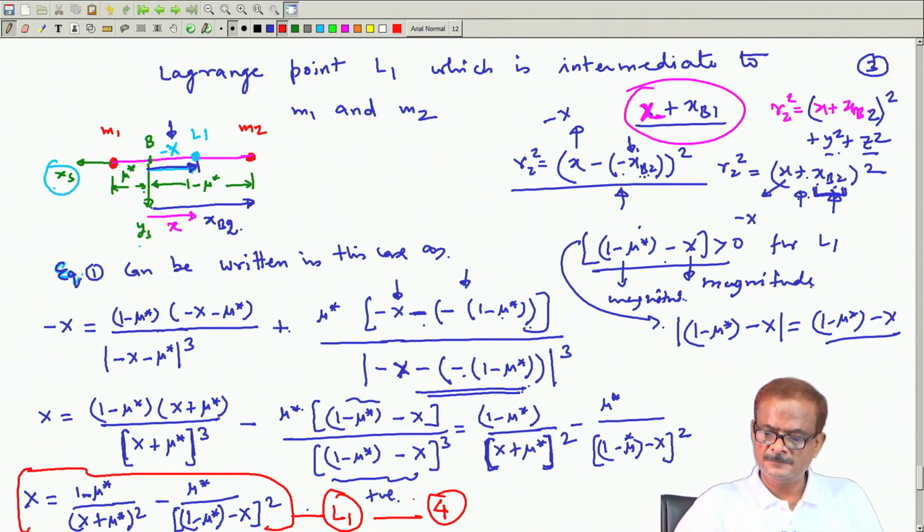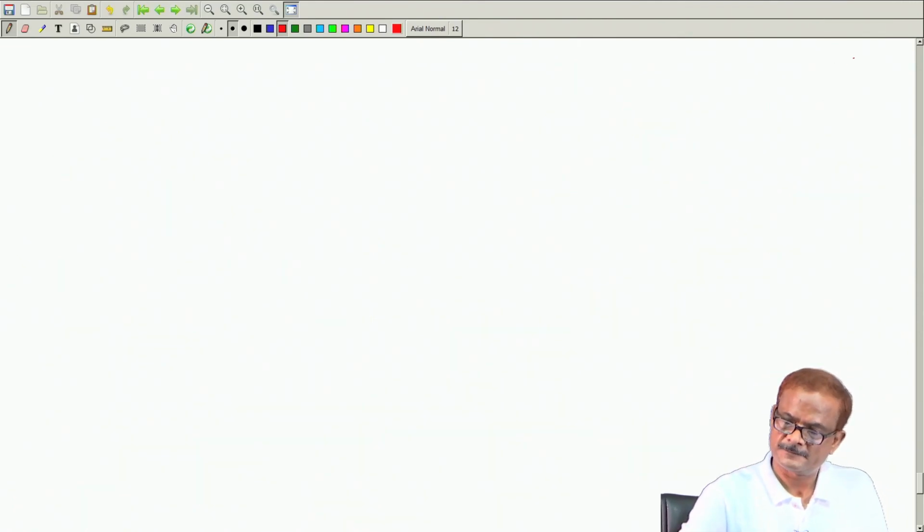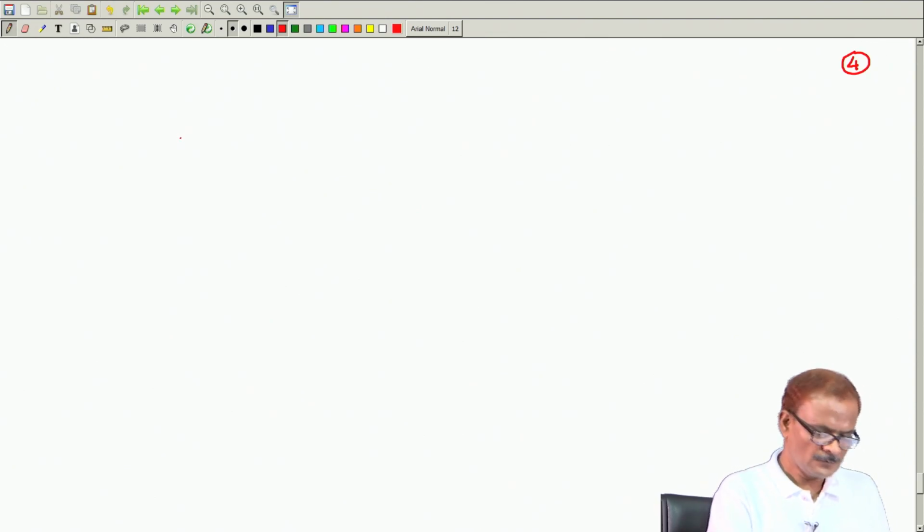So, these are the 3 equations we are having for solving the Lagrange points. So, finally, I list them in one place for easy reference.